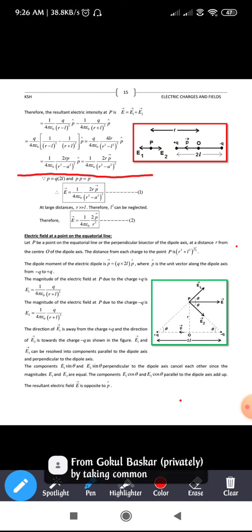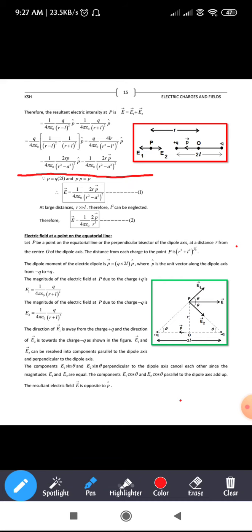Yes, students, any guesses? Gokul, by taking common, what are you going to take common there? Already we have taken a q common there, right? In the next step, where did that q go? So compare this step and that step.